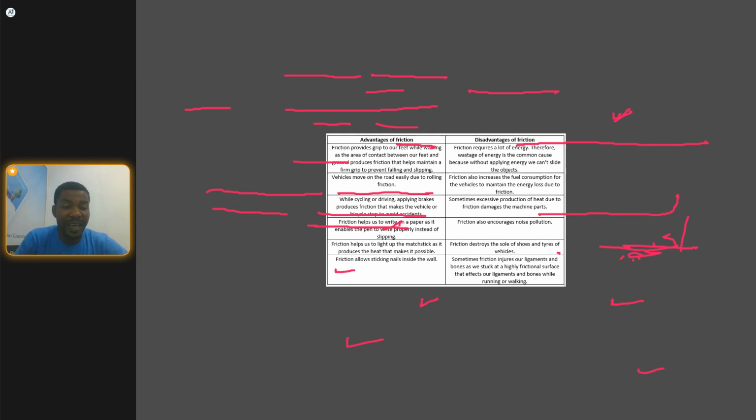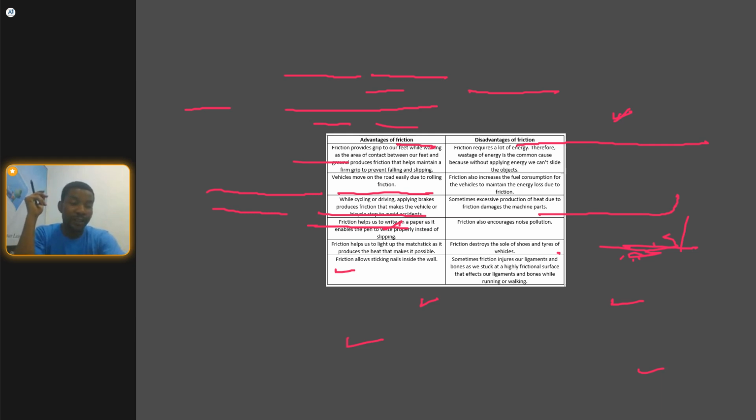This one is practical. Everybody has experienced it. Have you ever been walking and mistakenly you hit your hand or something? You feel a sensation in your bone. That is as a result of what? Friction. At that moment, you feel that pain. So you can actually injure yourself like that if it was seriously more than expected.